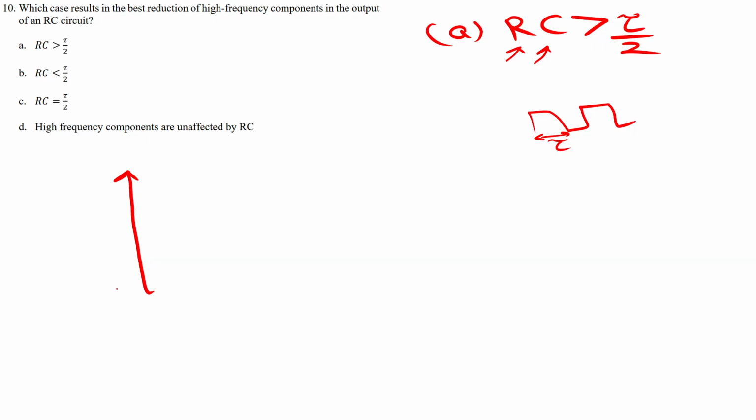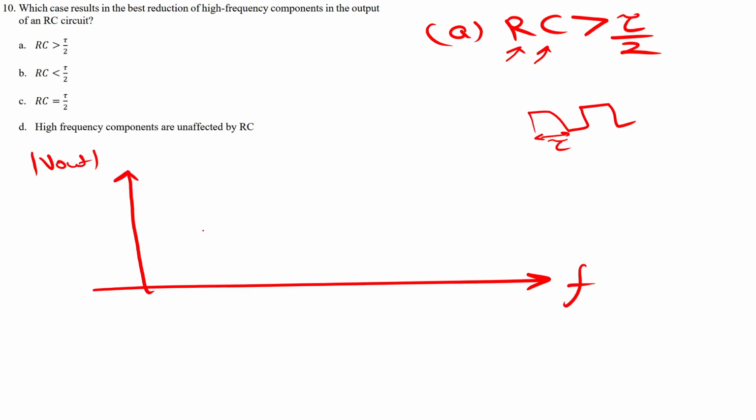Or the multiplication of R and C should be greater than tau by 2, because if we draw the spectral bounds for this, let's say V out, the spectral bound looks something like this. Here is 1 by 2 pi RC and it's 1 by pi tau.